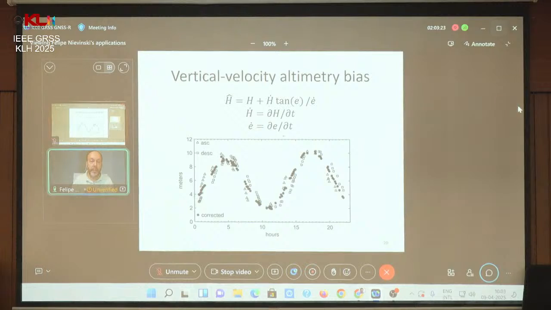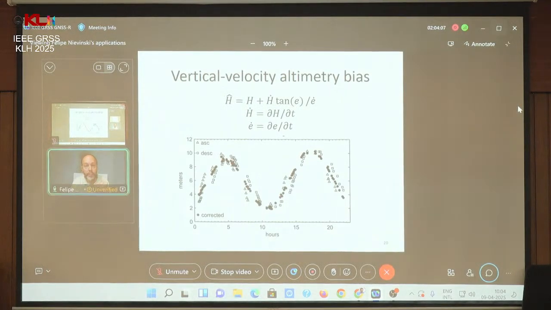You can easily account for it in a two-step procedure in which first we estimate the bias height of the surface, and then, for example, fit a spline curve to your time series of height retrievals to obtain H dot. We get E dot from the satellite orbit ephemeris. We know that very precisely.